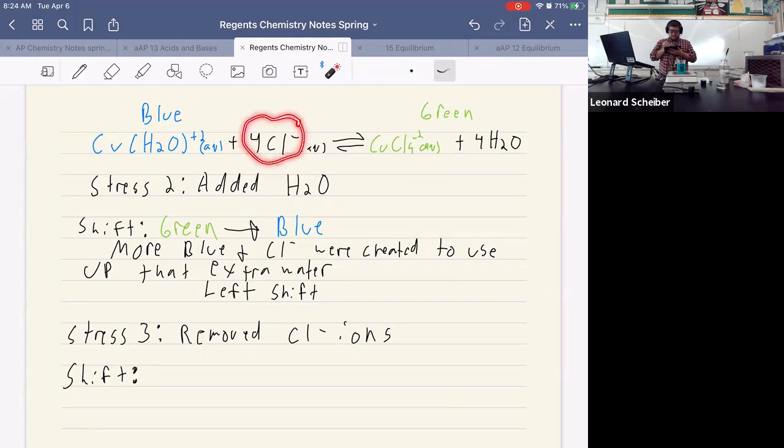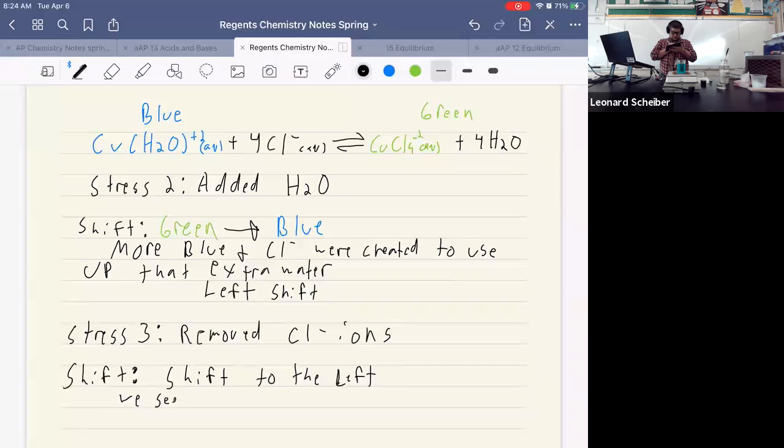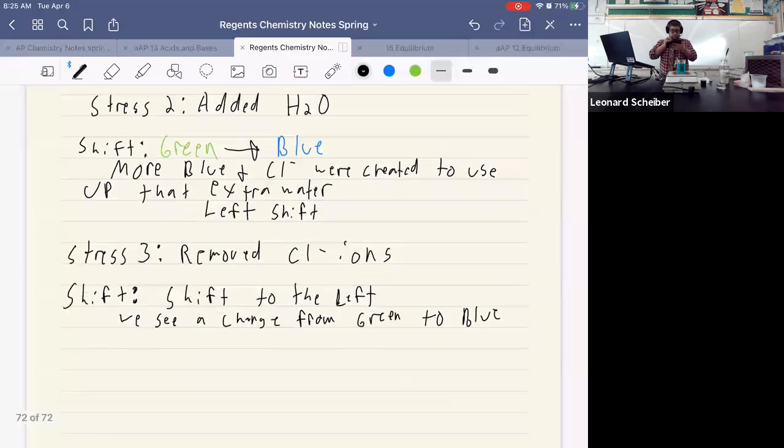The stress is that there are not enough Cl- ions. What could we do to create more Cl- ions? Well, we would have to shift to the left. If we shift to the left, that means the color change we would see is a change from green to blue. In other words, more blue would be created.